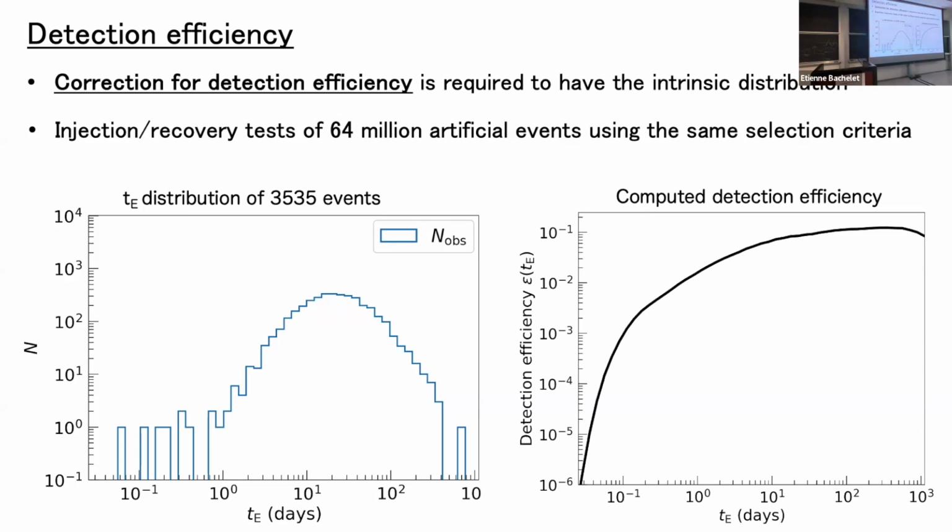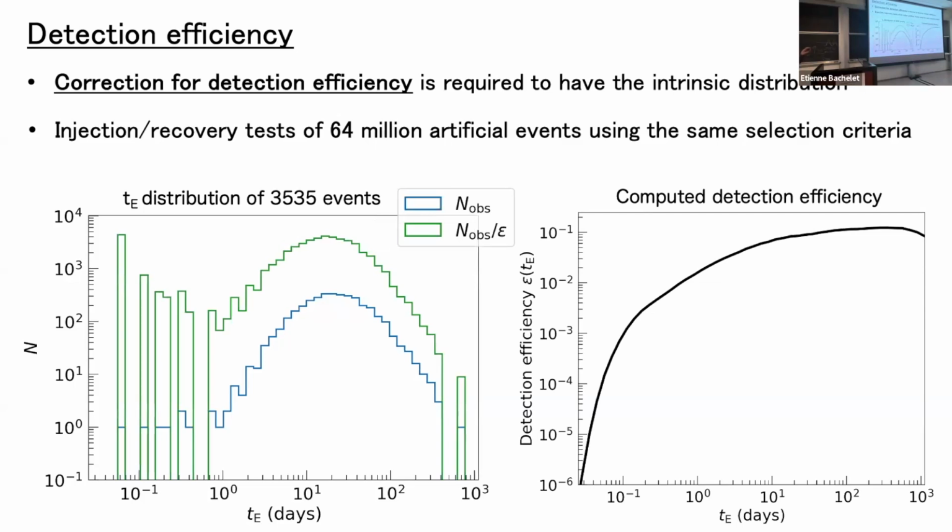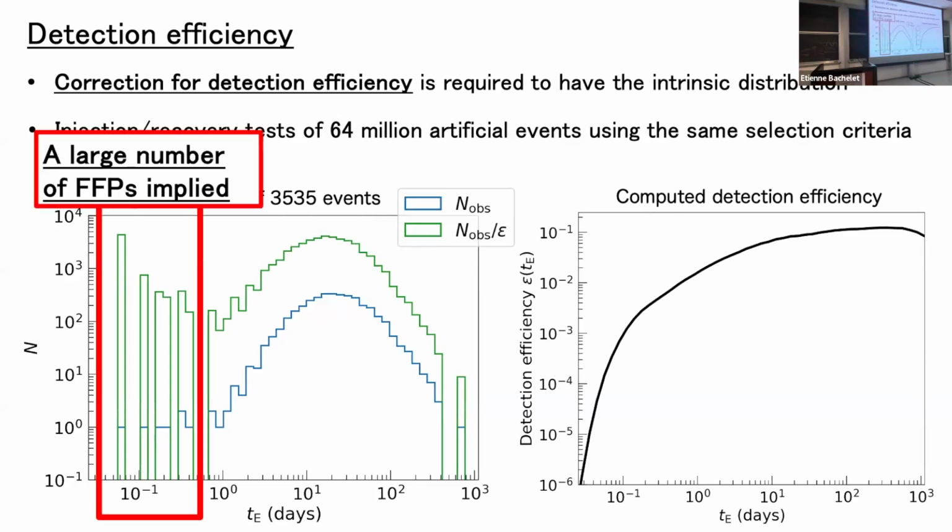The right figure shows the computed detection efficiency. And this green histogram in the left panel shows the number of events divided by the detection efficiency. This already suggests there is a large number of FFP population.